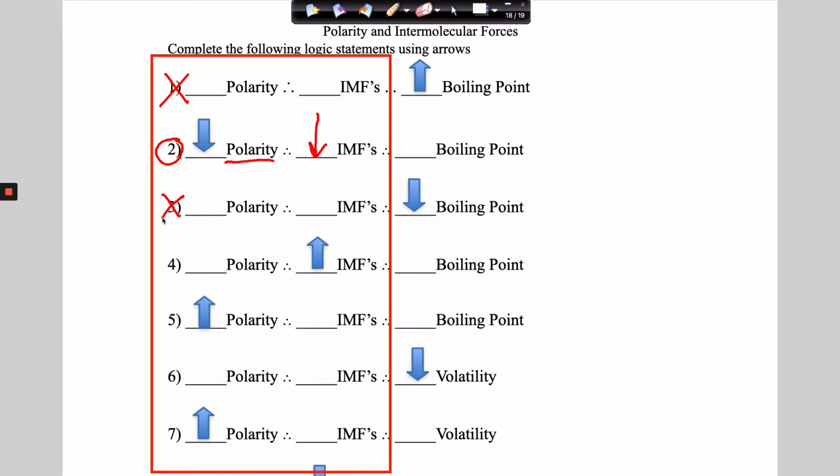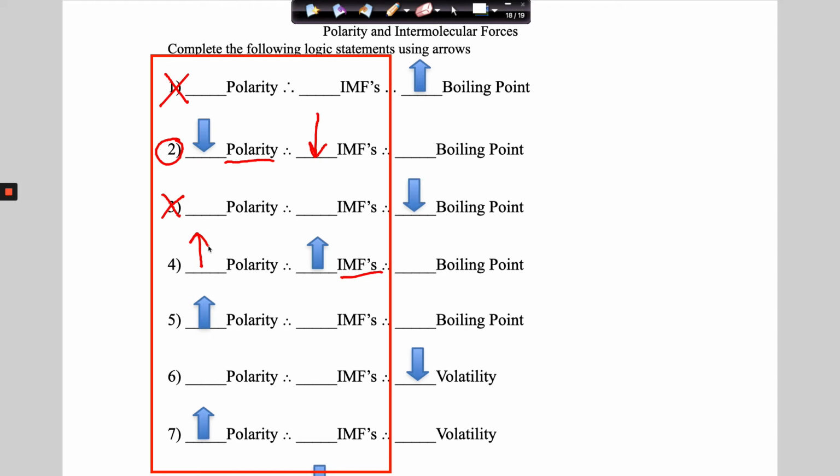If you have molecules with strong intermolecular forces, number 4, will you have high or low polarity? High polarity. Strong IMFs are therefore caused by high polarity. So guys, fundamentally, these relationships are direct. If one is big, the other's big. If one is small, the other's small.